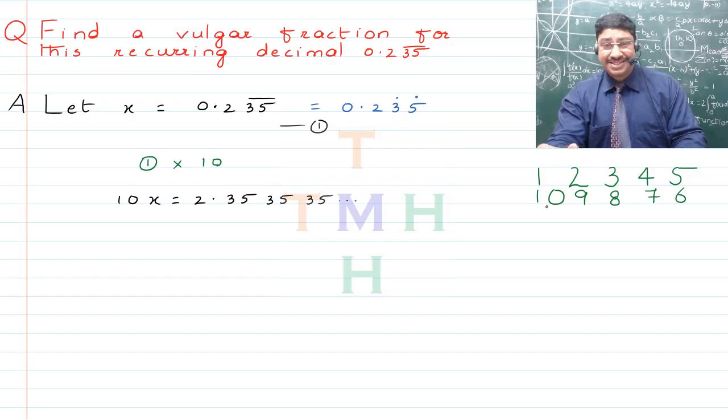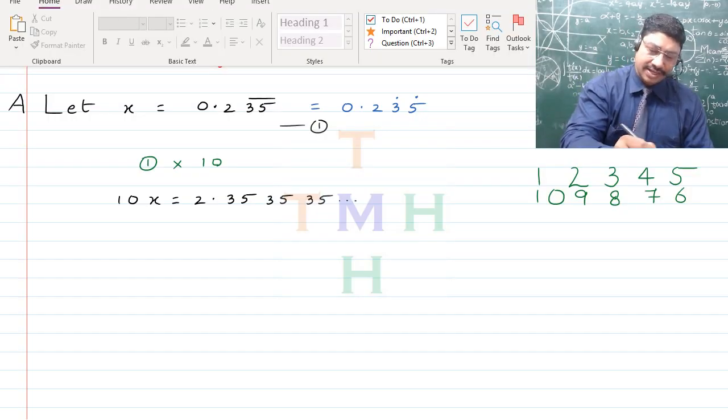Now the next step is to bring this repeating part once before the decimal. That means, as there are two places, you need to multiply the above equation by 10 raised to the power 2, so that 35 can come to the left of the decimal point. So this, children, is the next step.